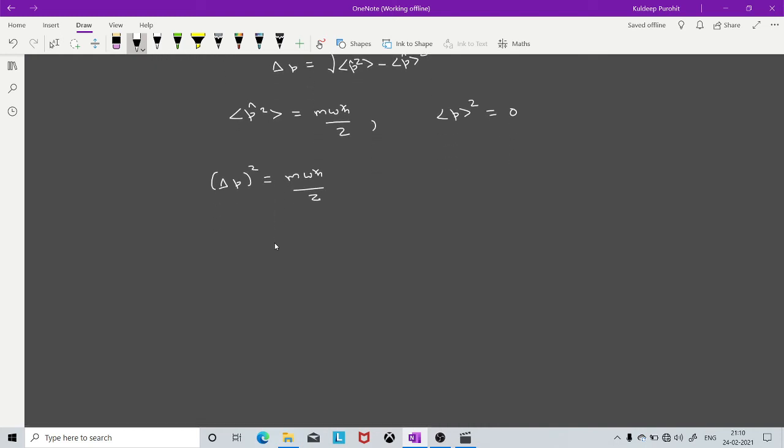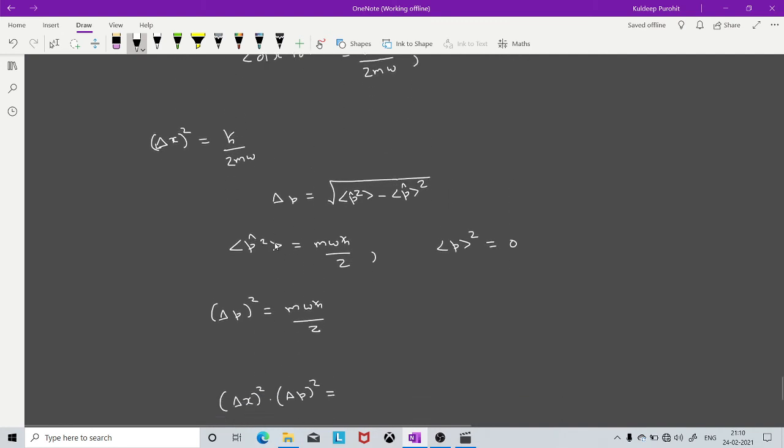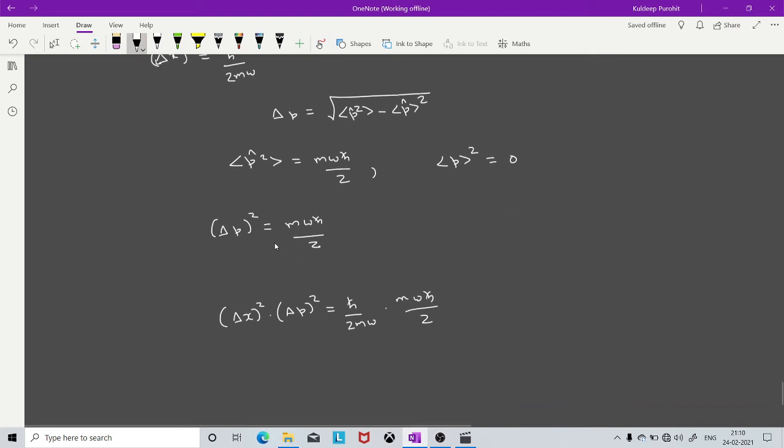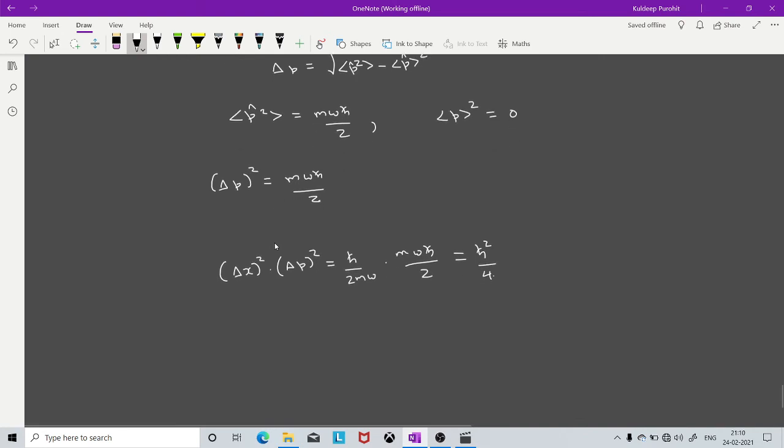So I can calculate the uncertainty product now: delta x square into delta p square is equal to h cross by 2m omega into m omega h cross by 2, which is equal to h cross square by 4.